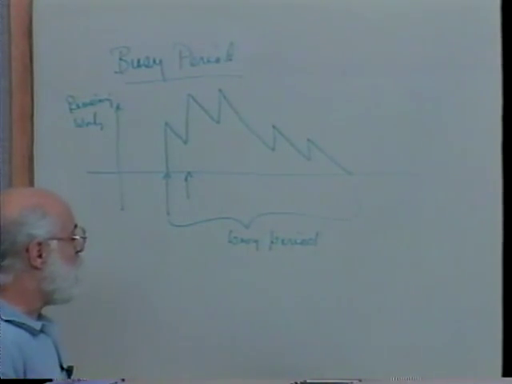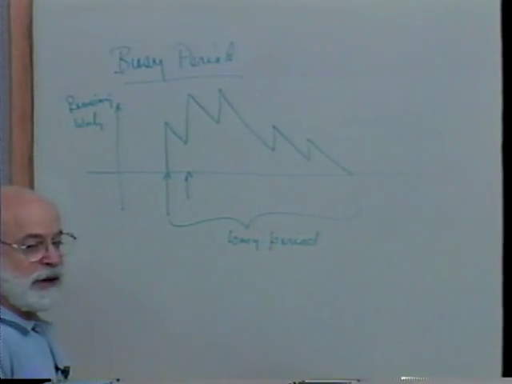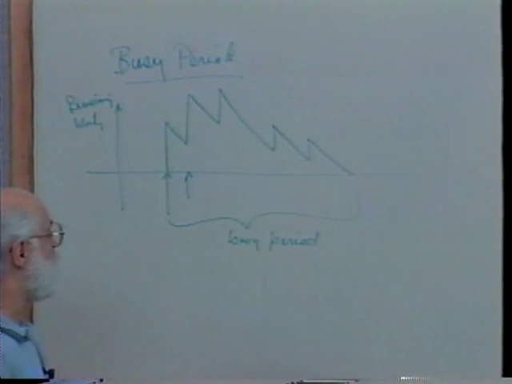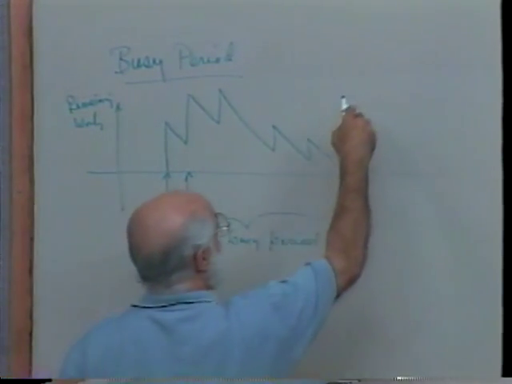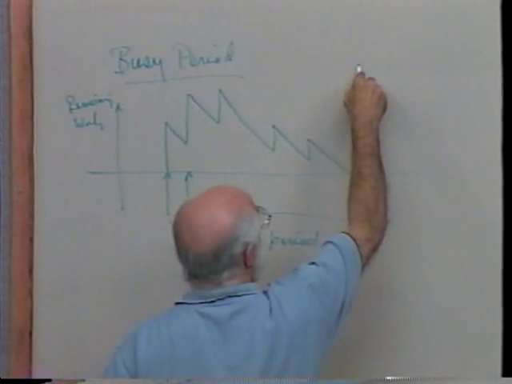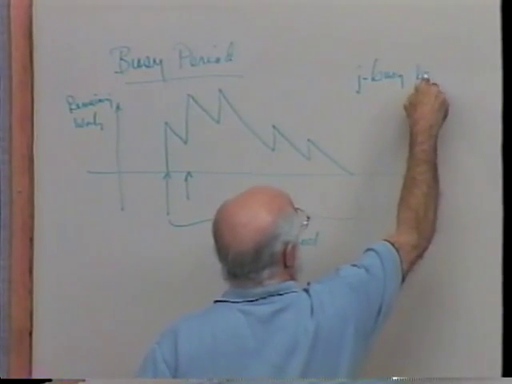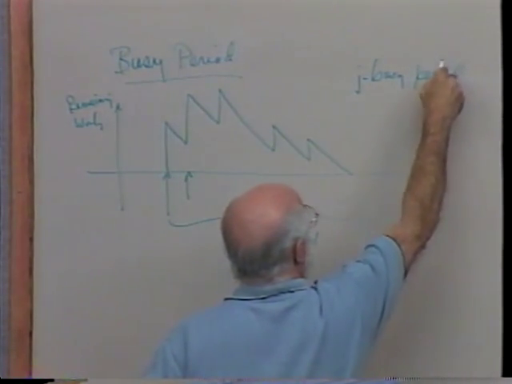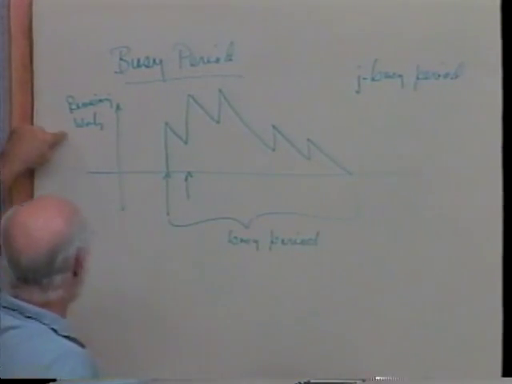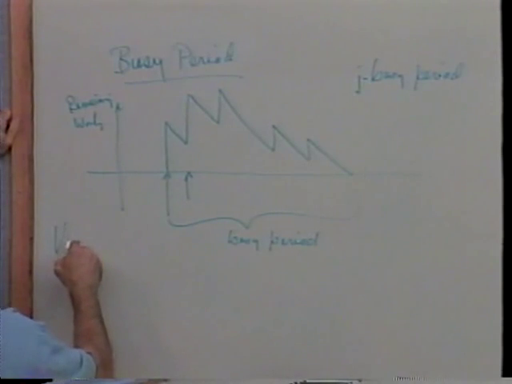Okay, so in order to analyze the busy period, let's start with something a little bit more general, called the J busy period. Oh, and let me go back before I get into the J busy period. I mentioned something about what's called virtual waiting time.